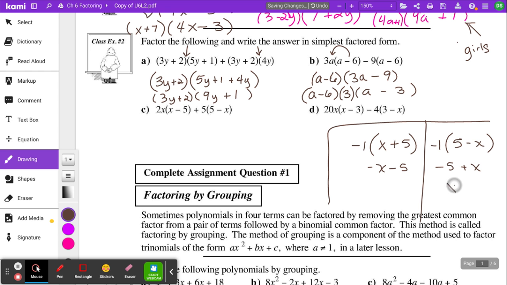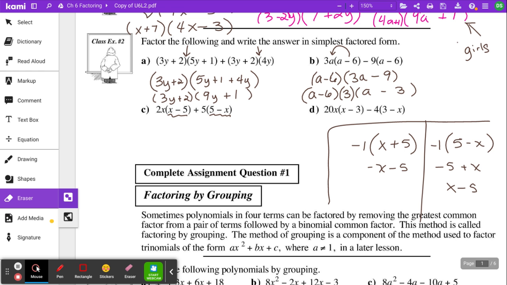Is that the same as this? So if I was to divide out a negative of this, I could get something that kind of looked like that. Can't 5 minus x be written like x minus 5 if I compensate with a negative 1?